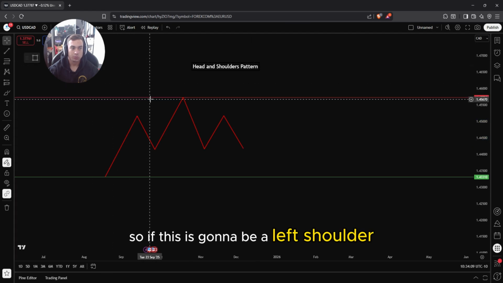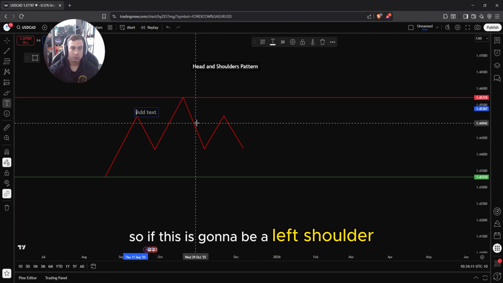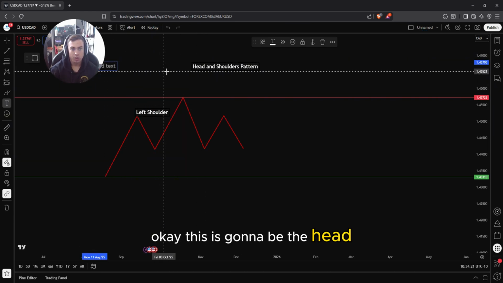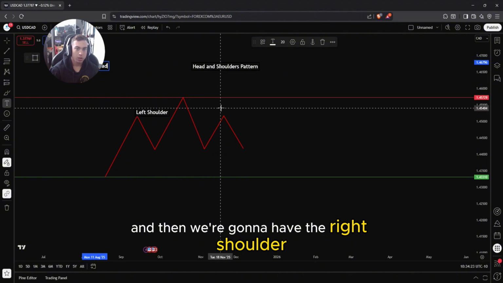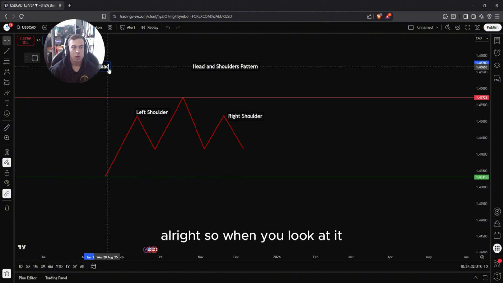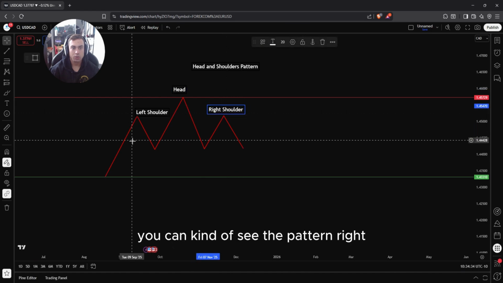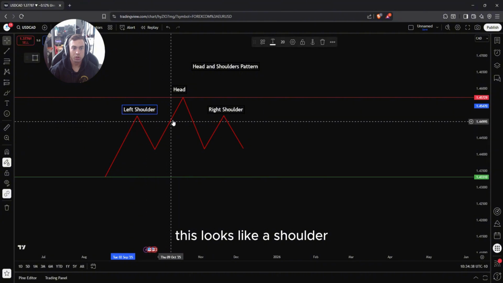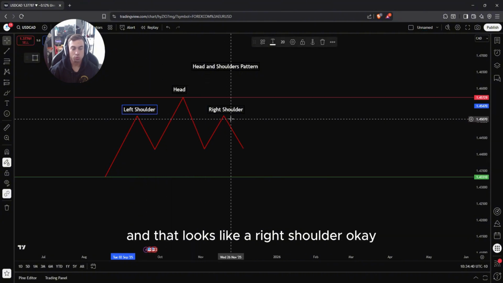So this is going to be a left shoulder, this is going to be the head, and then we're going to have the right shoulder. There. When you look at it, you can see the pattern, right? This looks like a left shoulder, this looks like a head, and that looks like a right shoulder.